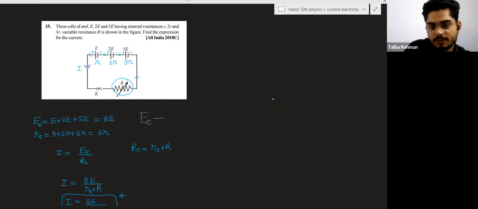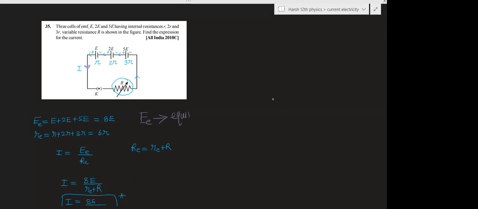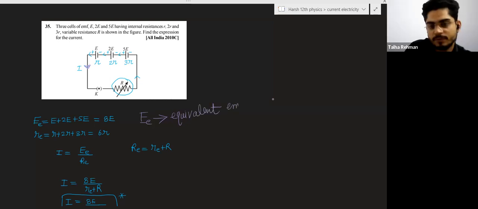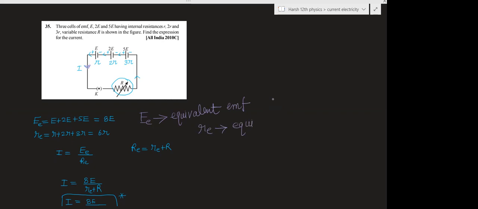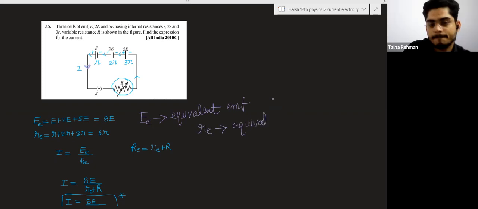E suffix E means we have already discussed, equivalent EMF. And R equivalent means equivalent resistance.